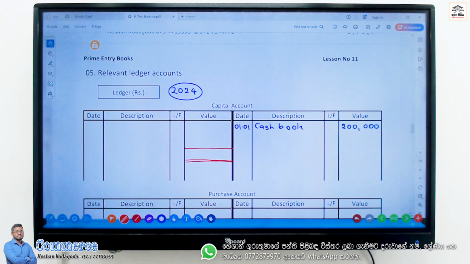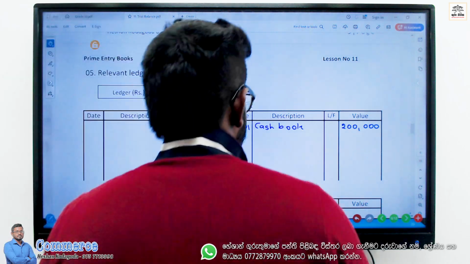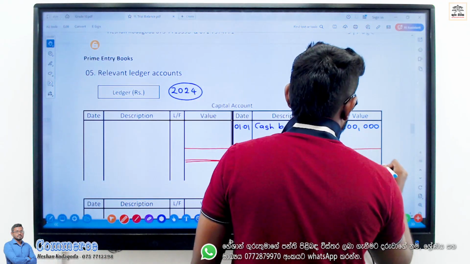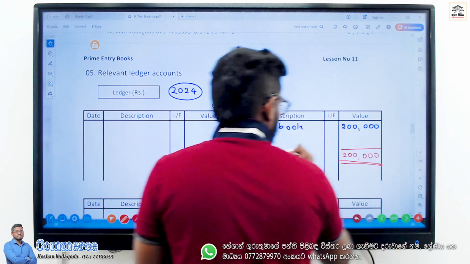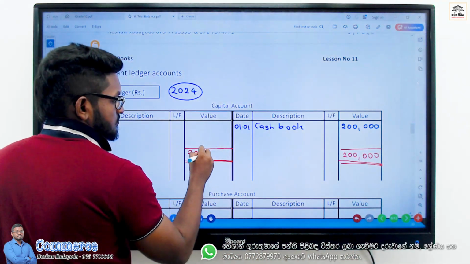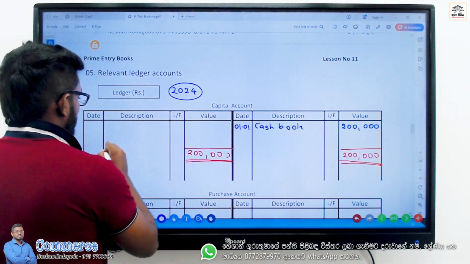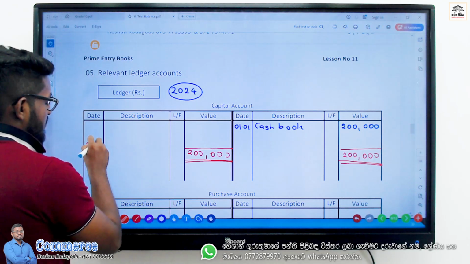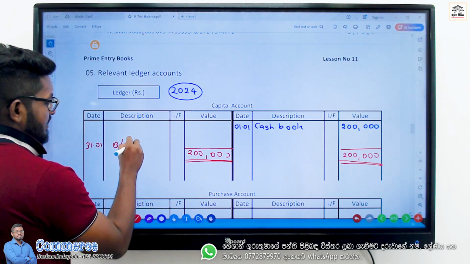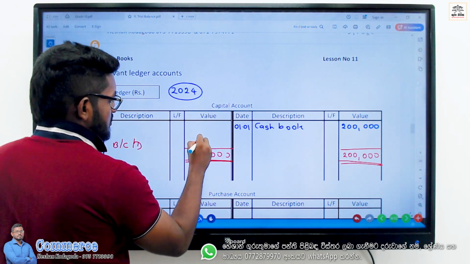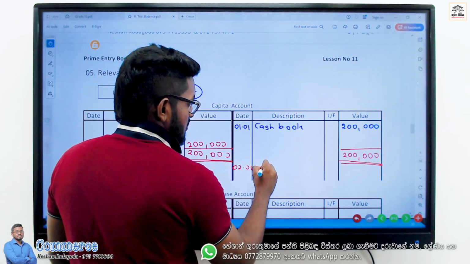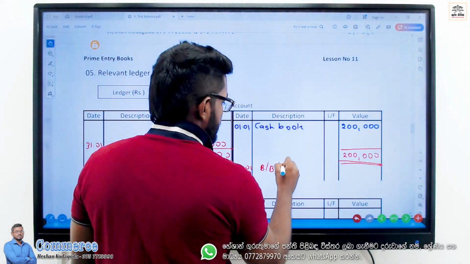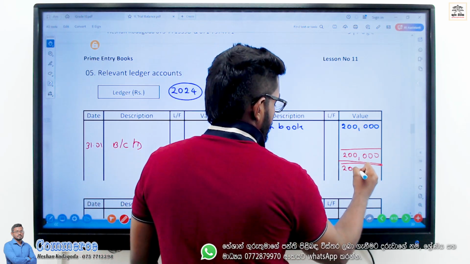Right. So get the total in here. 200,000. So the 31st of January, balance carried down 200,000. February 1st, balance brought forward how much? 200, right?